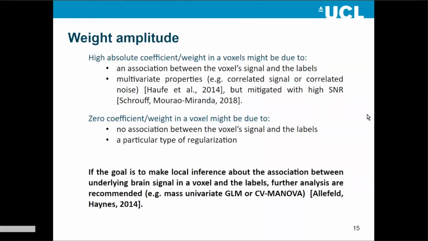What about searchlight applications? Well, searchlight applications are very local by construct. I'm not a super fan of searchlight because they're just looking at tiny neighborhoods, so they're not really harnessing any of the multivariate properties of machine learning.